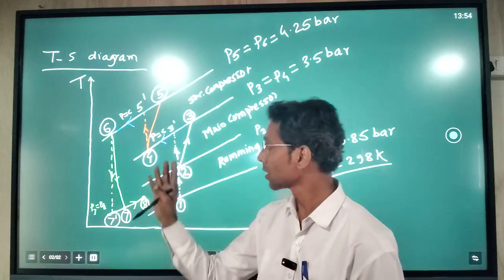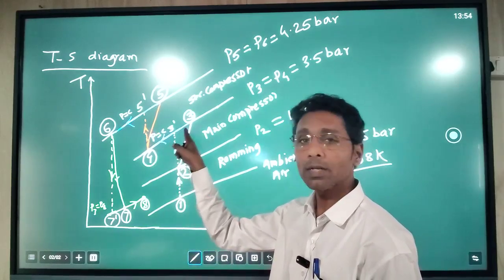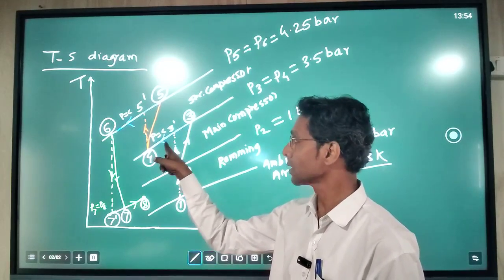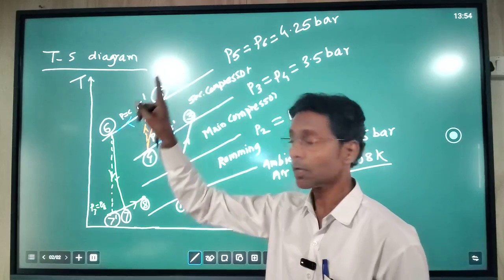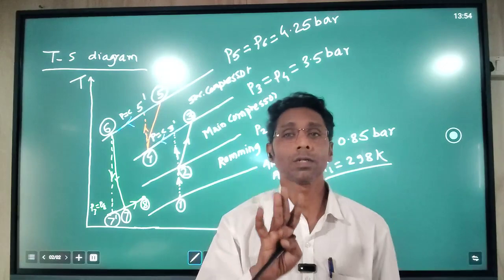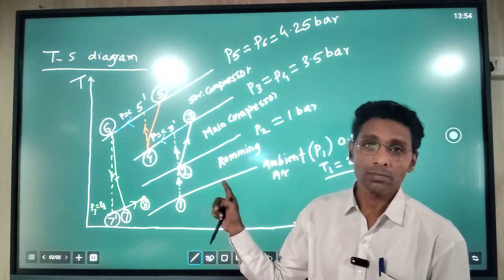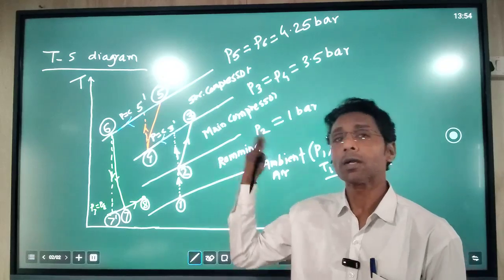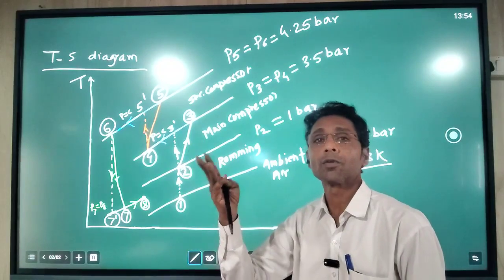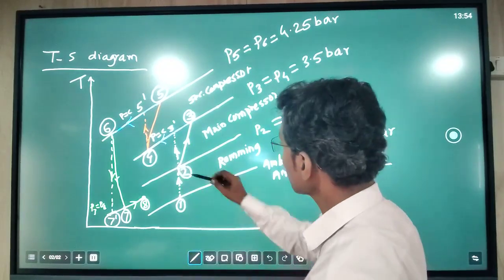In between, for the heat exchanger process, we have to use the formulas for the air cooler and for the after cooler. So about 10 formulas we have to use to find all the unknown temperatures which are required to find the 3 unknowns, that is mass flow rate, power and COP. So let us start from the ramming process.